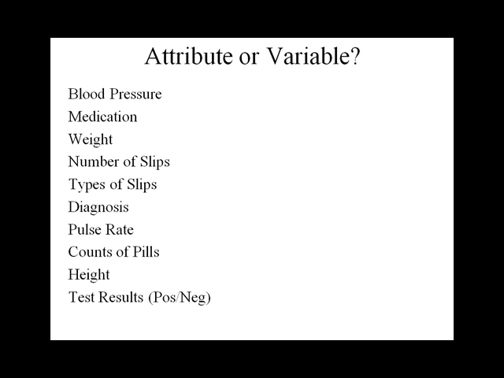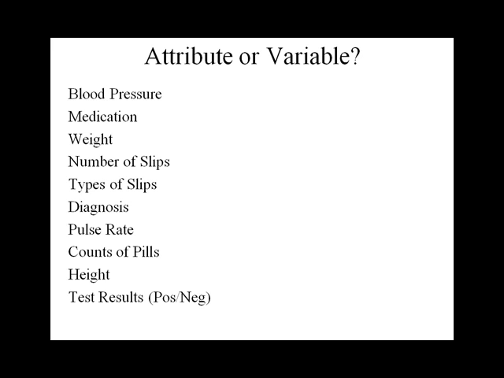Alright, let's go slow as we answer this question for each item. Pause the video in between if we are going too fast. Blood pressure. Variables data as we measure this. Medication. Attribute data. Different medication will be in different categories. Weight. Well, since we measure weight, this is variables data. Number of slips.